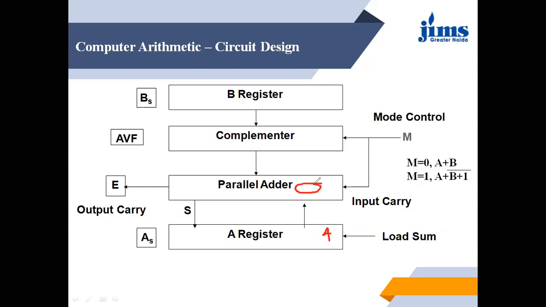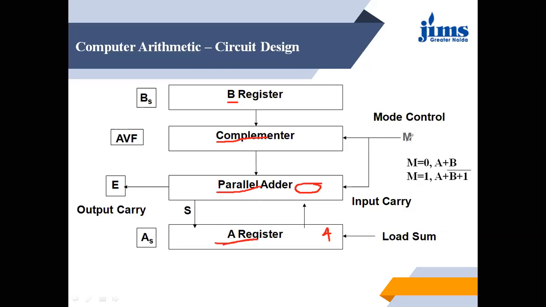But when I have to subtract the numbers, then what will happen? We know that we cannot directly subtract the numbers. To perform subtraction, we again have to add the numbers, but by taking the 2's complement. So when we have to subtract B from A, first we take the complement of B, and then we add this number with this number.